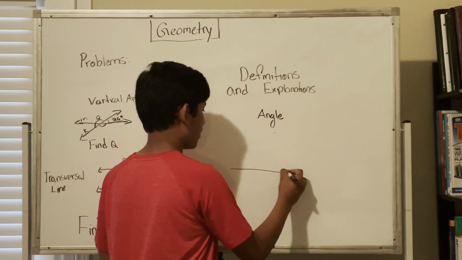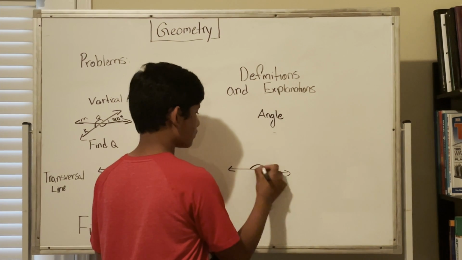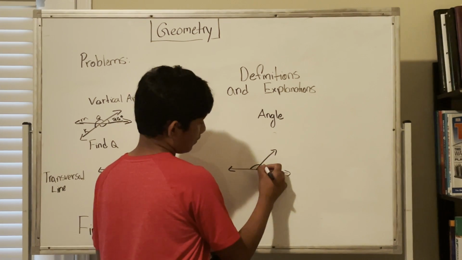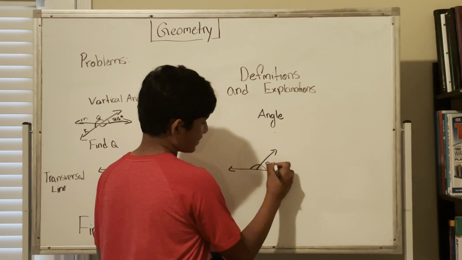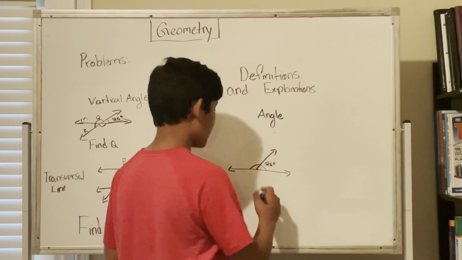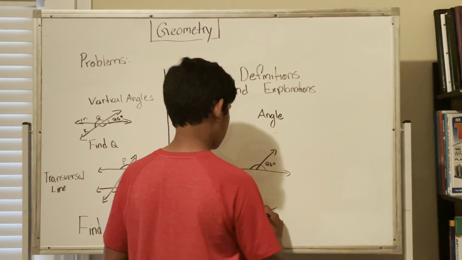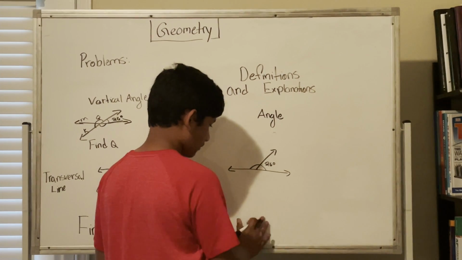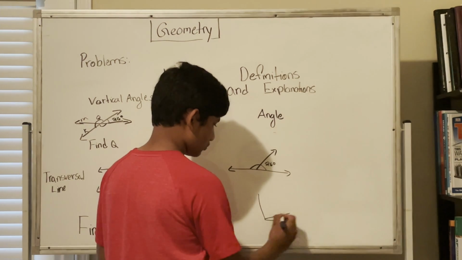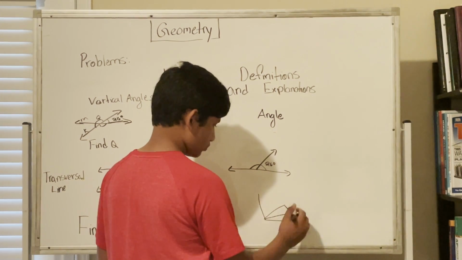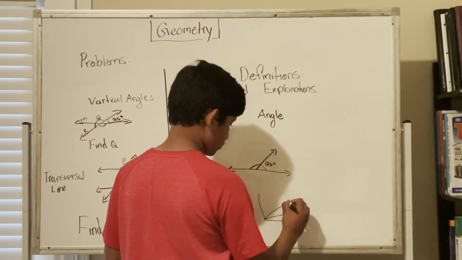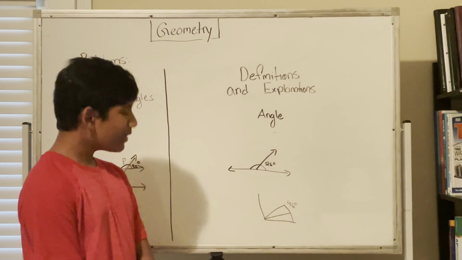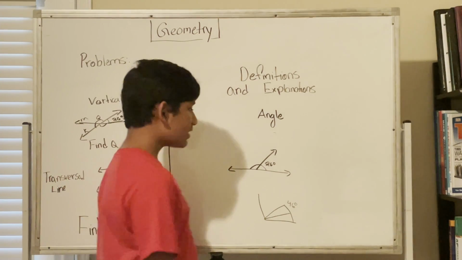So let's just say that we have a line. Call this 26 degrees. Note that this is not to scale, and let's just call this, we erase this. Okay, so we've got 26 degrees over here and 46 degrees over here. Now we want to find the supplement.